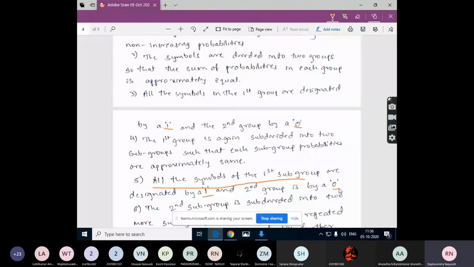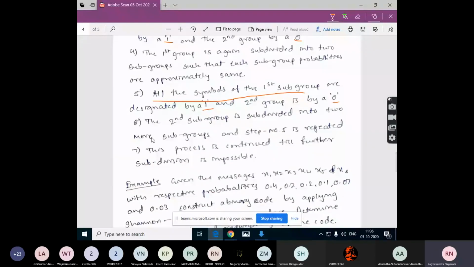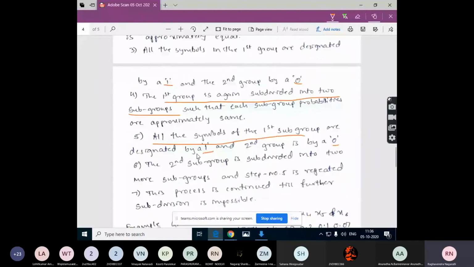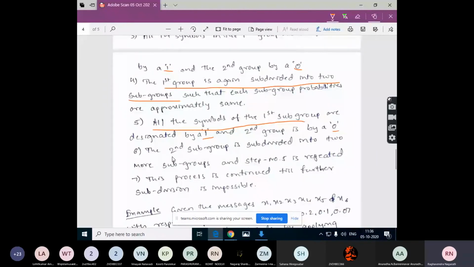This process is repeated for the second group as well, and the designation is the same: the first subgroup gets 1 and the second subgroup gets 0.